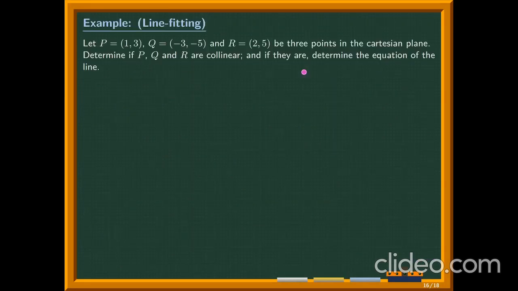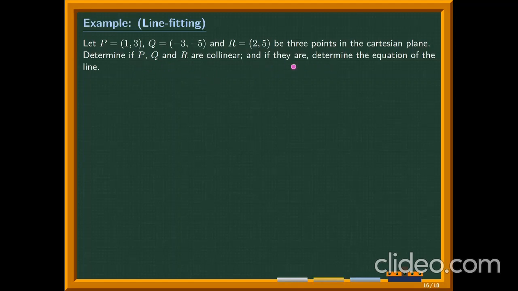We end this video by giving an application of the concepts of linear combinations and spanning sets on curve fitting. Suppose P, Q, and R are points in the Cartesian plane. So let's determine if P, Q, and R are collinear, meaning lying on the same line.